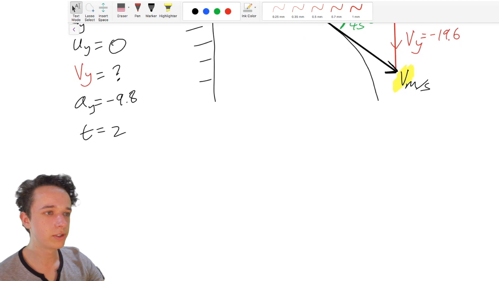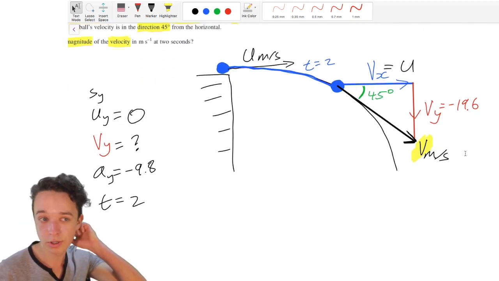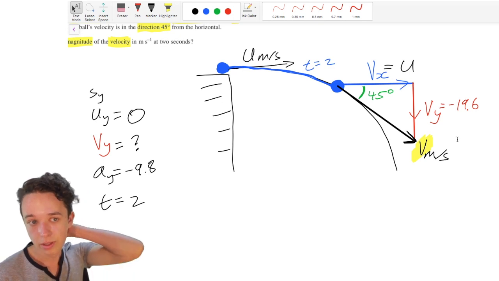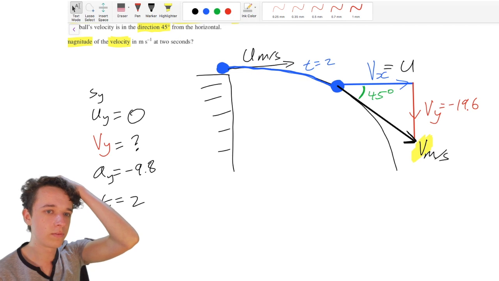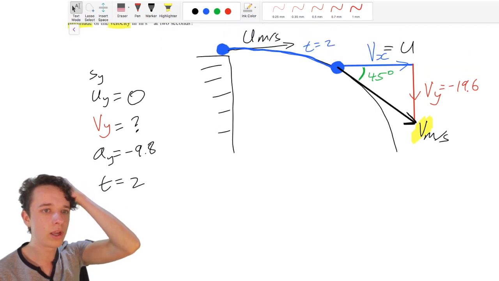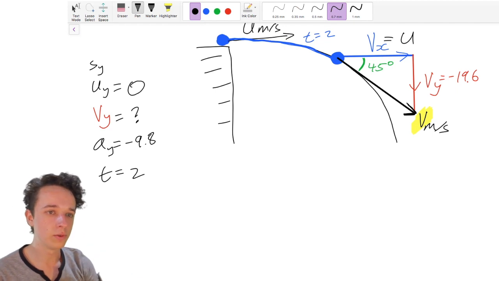So we should be able to use this information somehow to find an expression for V. We could try and use trigonometry with the 45-degree angle and the Vy here. How is the 45 degrees related to the Vy? Well, it's opposite. And what is V, the thing we're trying to find? That's the hypotenuse of this triangle.